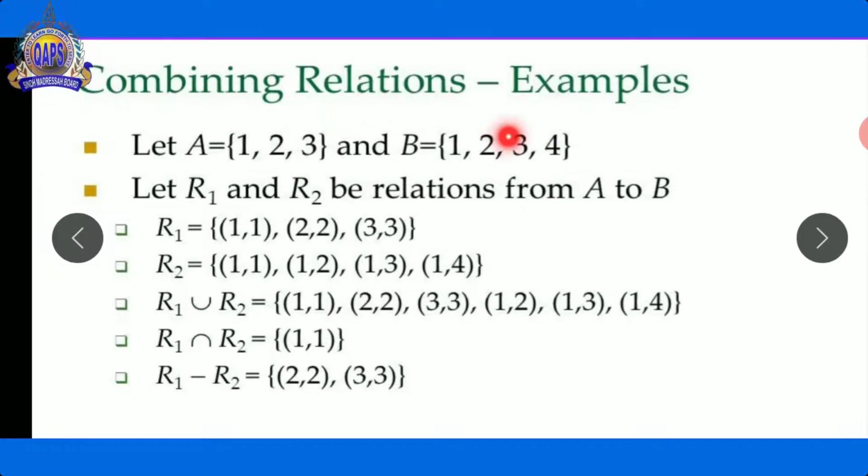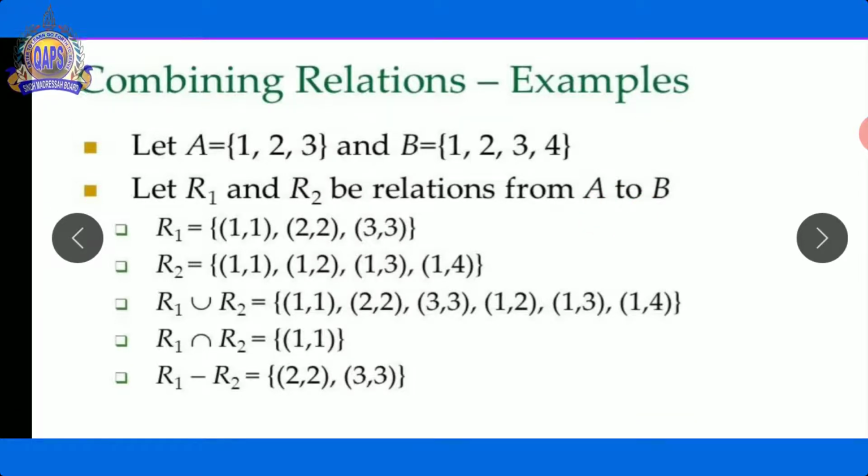When we multiply 3 and 4, the result is 12. So that's why 12 ordered pairs are created when we do the Cartesian product between the two sets.